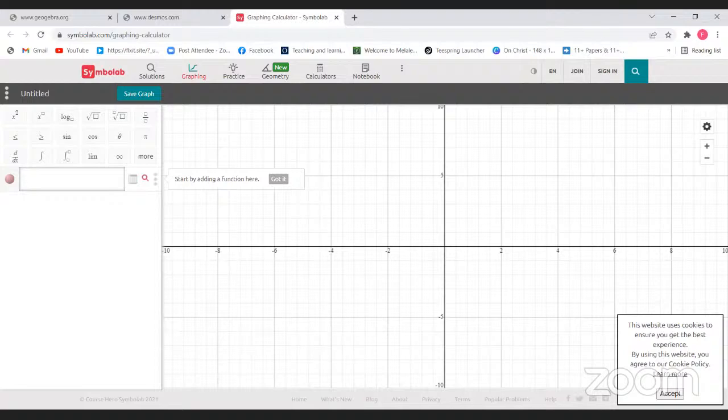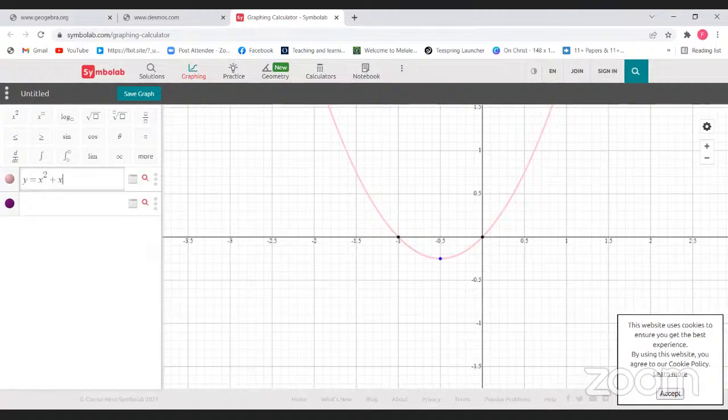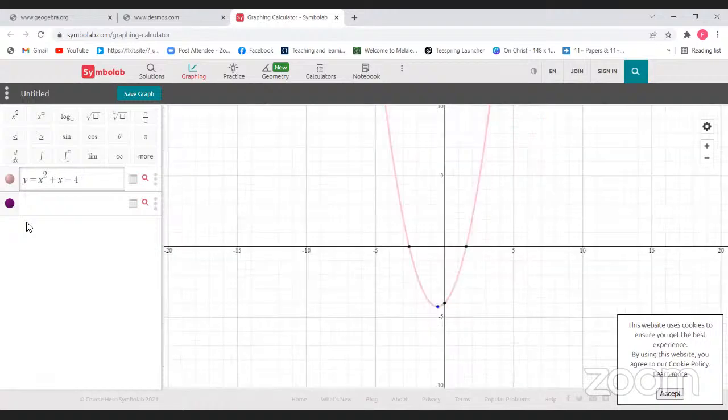So let's put in our function: y equals x squared plus x minus 4.